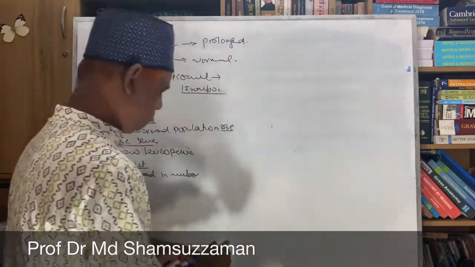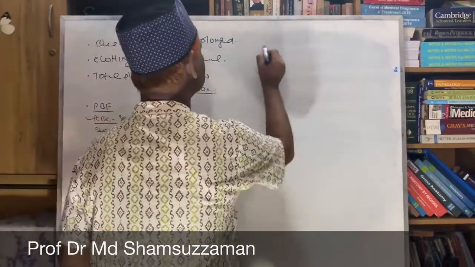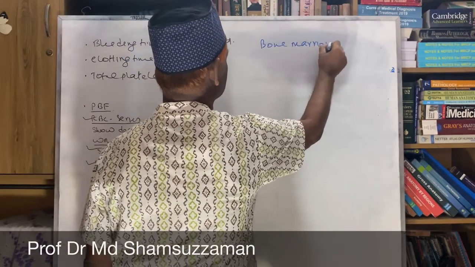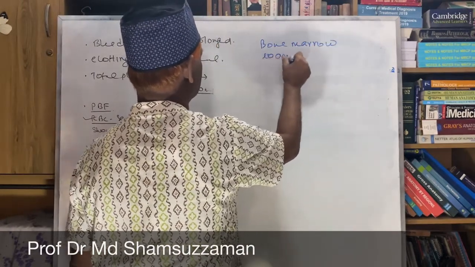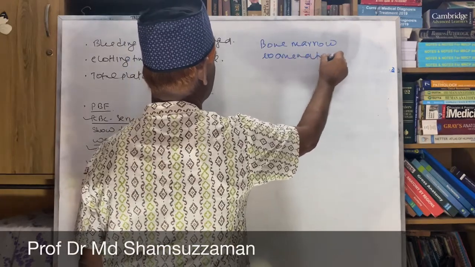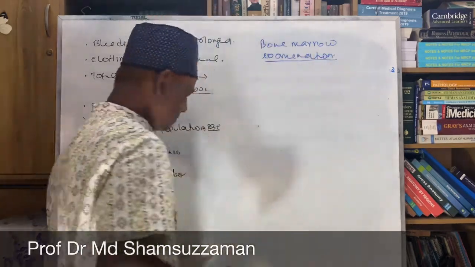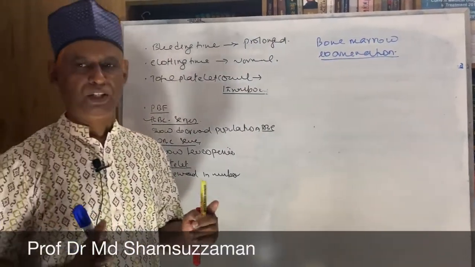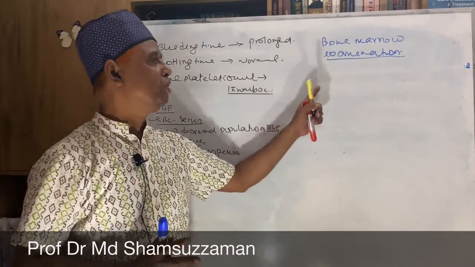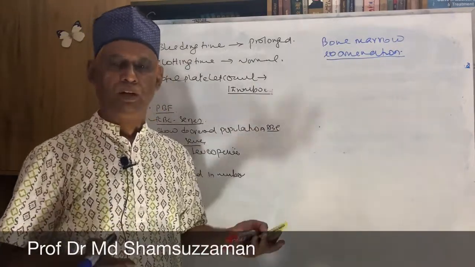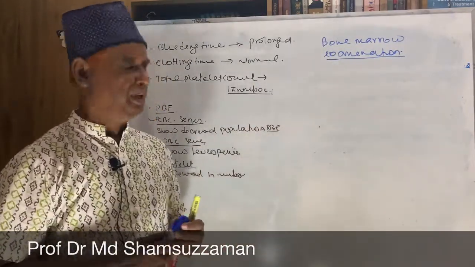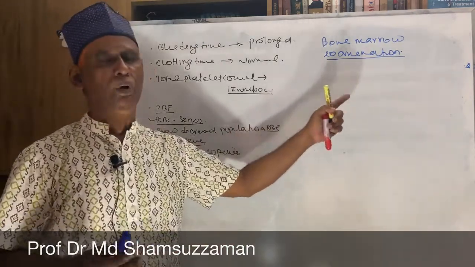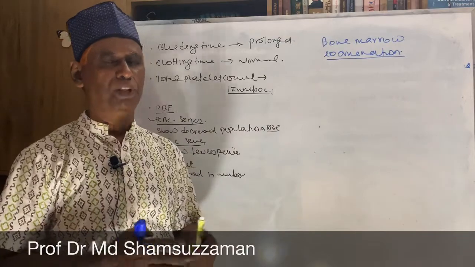Now come to bone marrow examination. Dear audience, if the cause of Pancytopenia is aplastic anemia, the bone marrow will show the features of aplastic anemia.